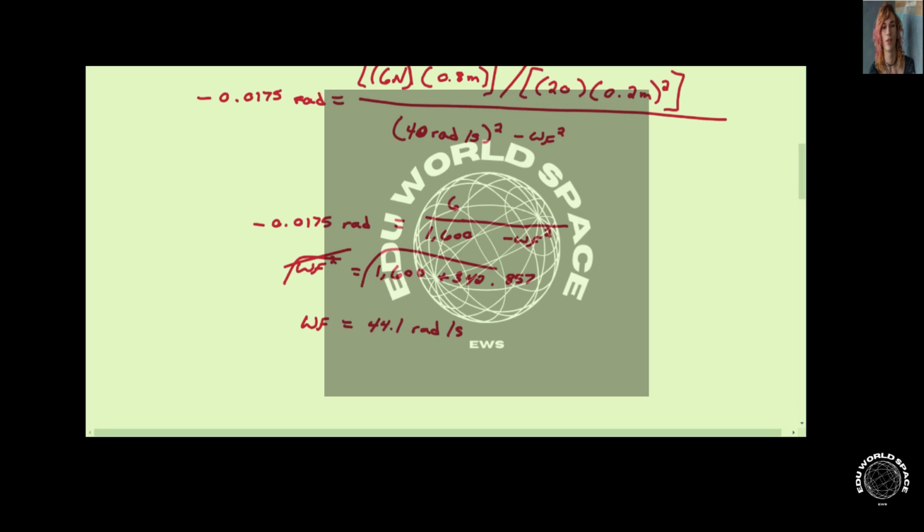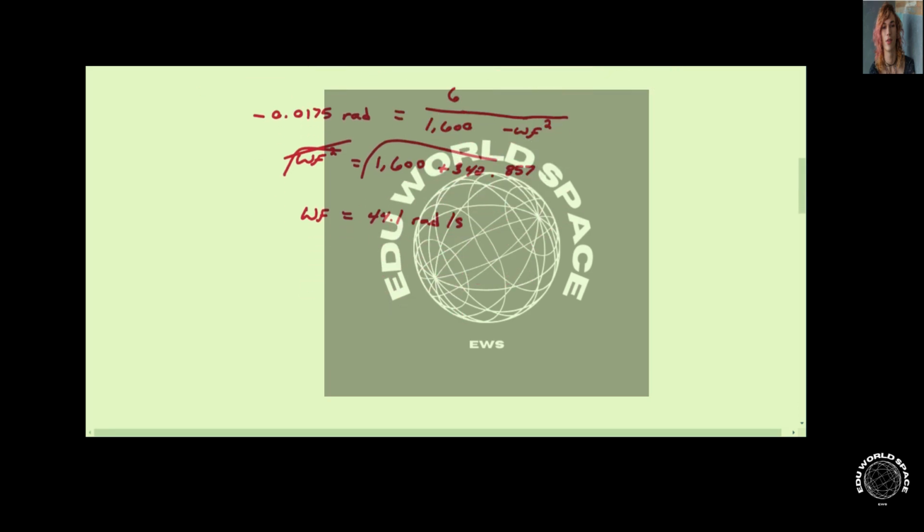And now we're going to do the positive side, so 0.0175. And this side is actually going to be the exact same, okay? But it's going to be slightly different. I'm just not going to write all the numbers out because you don't need to.